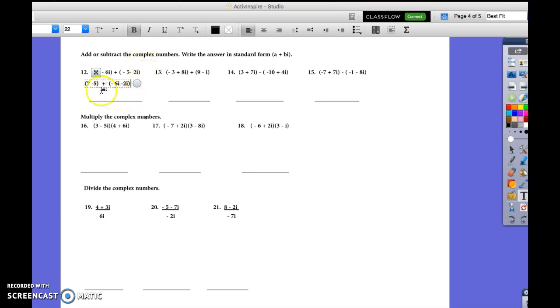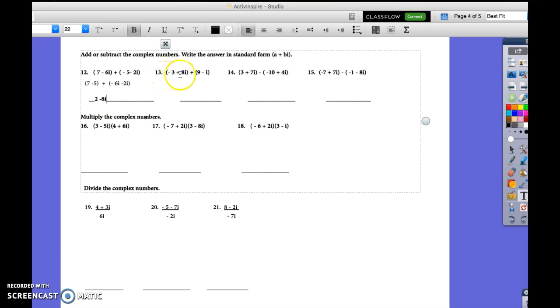All we have to do now is put these together. 7 minus 5 is 2. And negative 6i minus 2i is what? Negative 8i, and that is in standard form, which is a plus bi form.